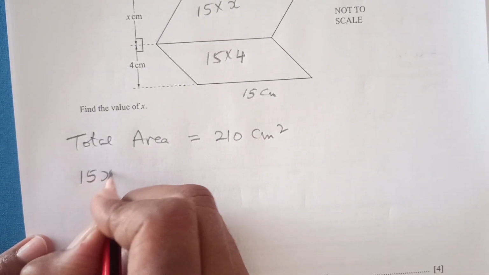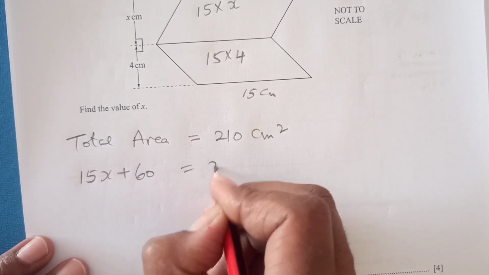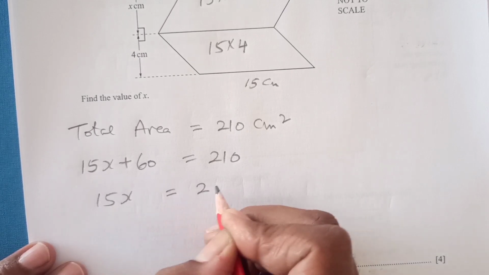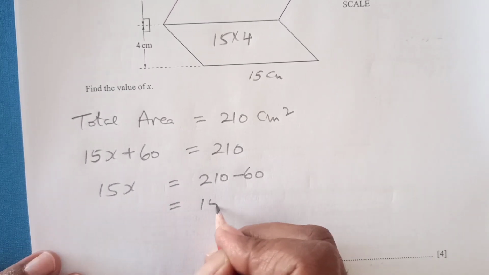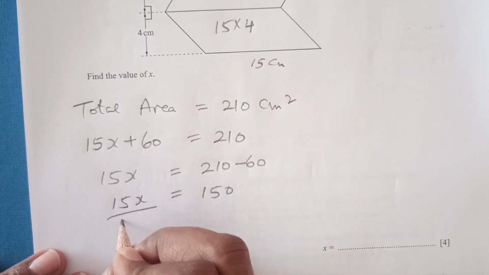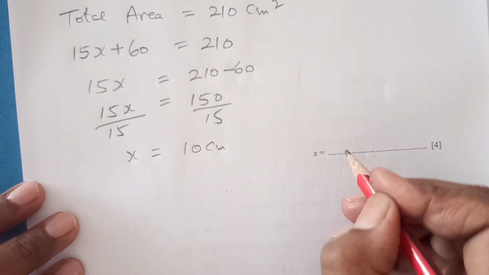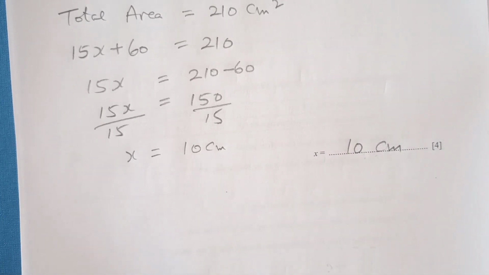So 15x plus 15 times 4, it is 60 equals to 210. So 15x is 210 minus 60, which is 150, divided by 15 on both sides. So we have x is equal to 10 centimeters. So x is 10 centimeters, right?